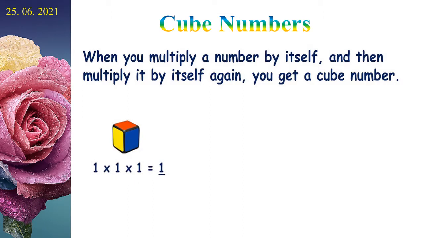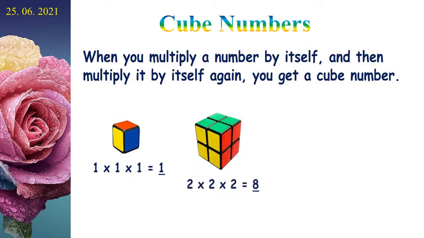Here, length is 1 unit, breadth is 1 unit and height also 1 unit. The volume of the first cube is 1 into 1 into 1 equal 1. Let us take the second cube. Here, length is 2 units, breadth is 2 units and height also 2 units.